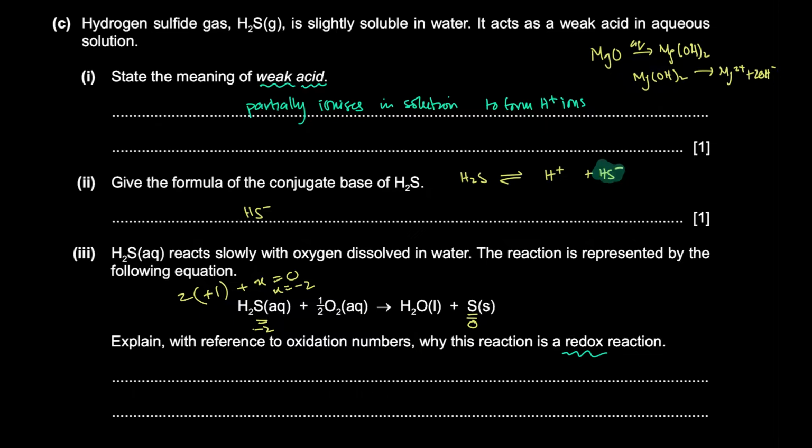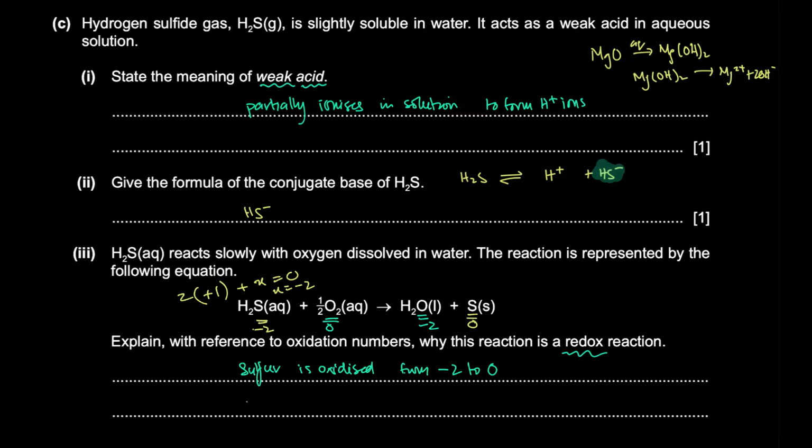So sulfur is being oxidized from -2 to 0. So there's an increase in oxidation number. So we can say that sulfur is oxidized from -2 to 0. And what's being reduced here? Oxygen is being reduced. Oxygen is going from 0 to -2.